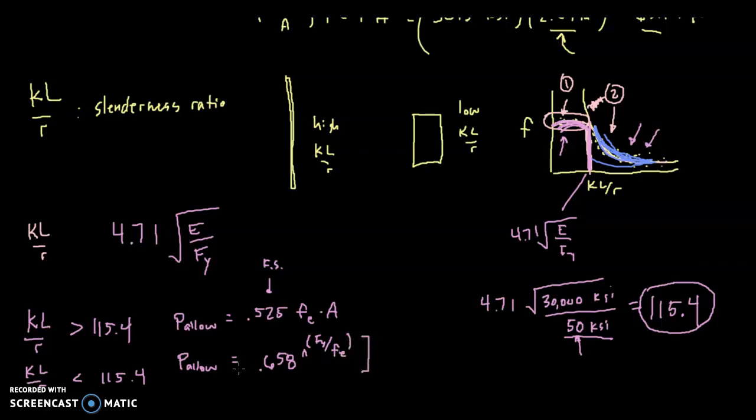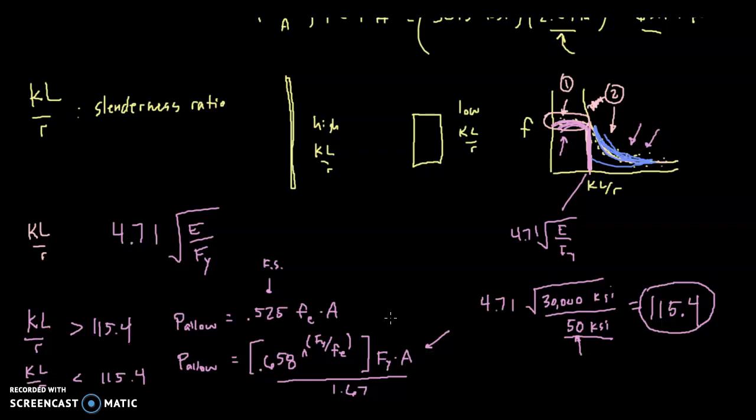Okay, let's put that all in brackets. Then we multiply that by the yield stress. Then we multiply that by the area. And then we divide the whole thing by 1.67.